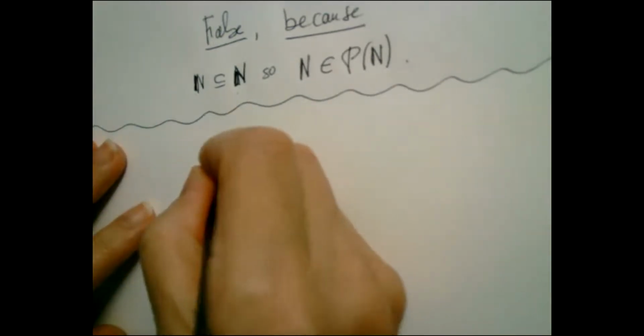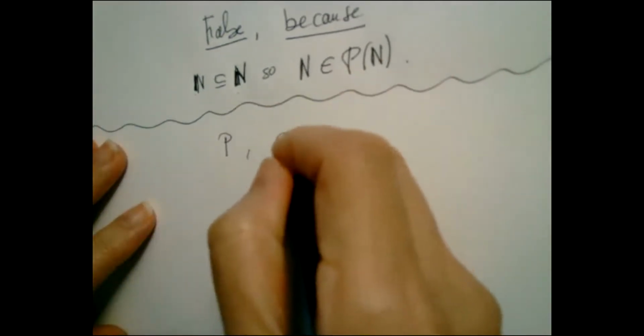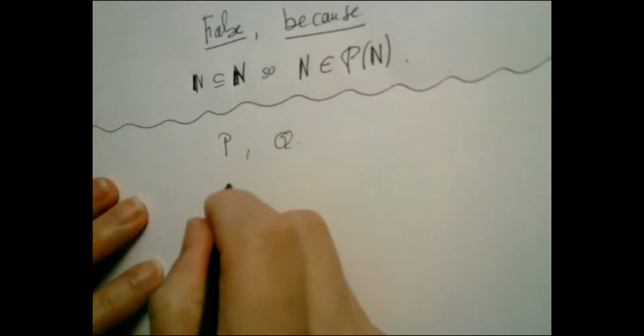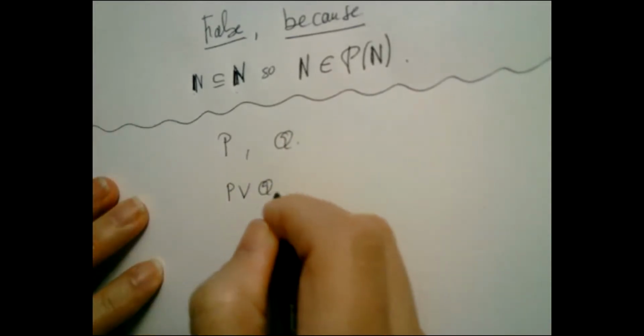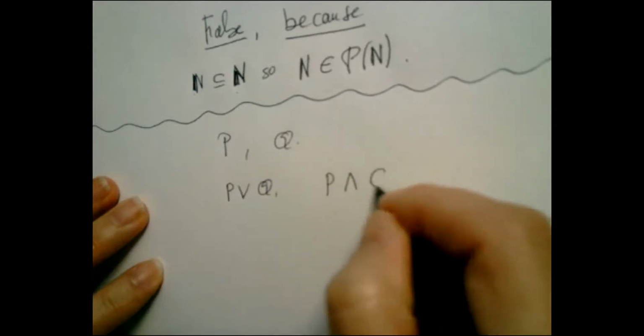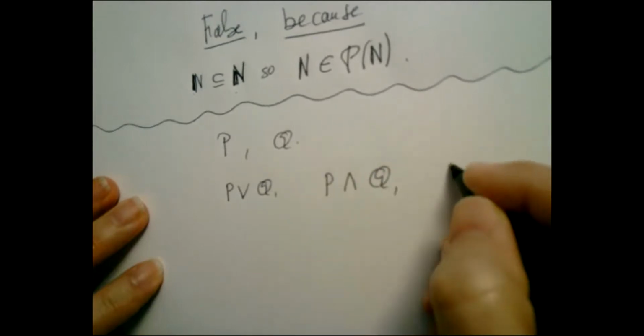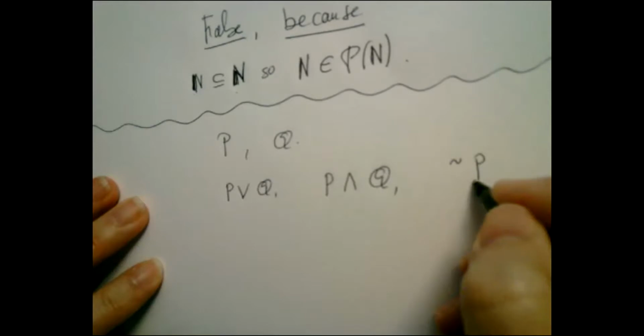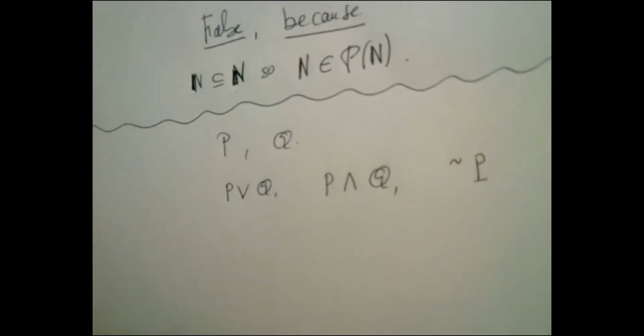So we combined statements by something like P or Q. We talked about P and Q. And not P. Not P means everything else but P. And we mentioned the truth table of them, and let us remember the truth table.